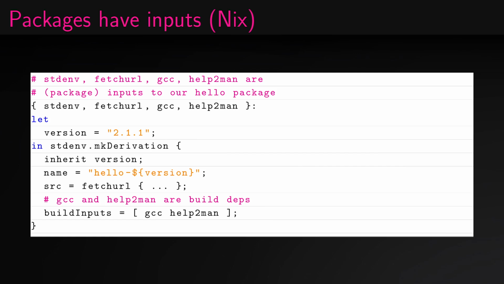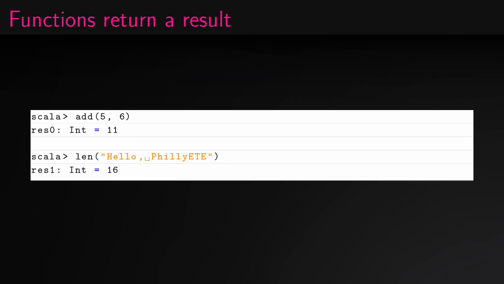And then we assign a whole bunch of attributes to go ahead and build this package. You'll notice also that for buildInputs, we provide gcc and help2man as inputs for the build itself. And that'll become more interesting later on.